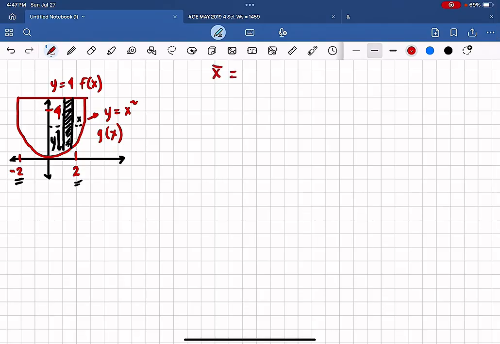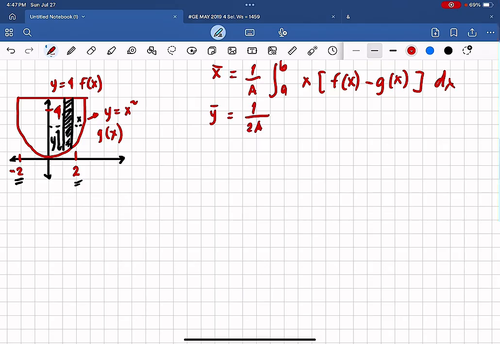So for solving our x, which is equal to 1 over A integral of limits a to b, x bracket f of x minus g of x close bracket dx, and for our y is equal to 1 over 2A integral of bracket f of x squared minus g of x squared close bracket dx. So these are the important formulas to solve this centroid.